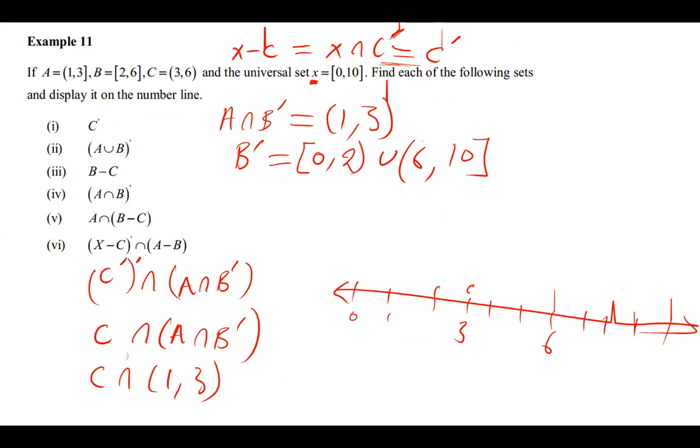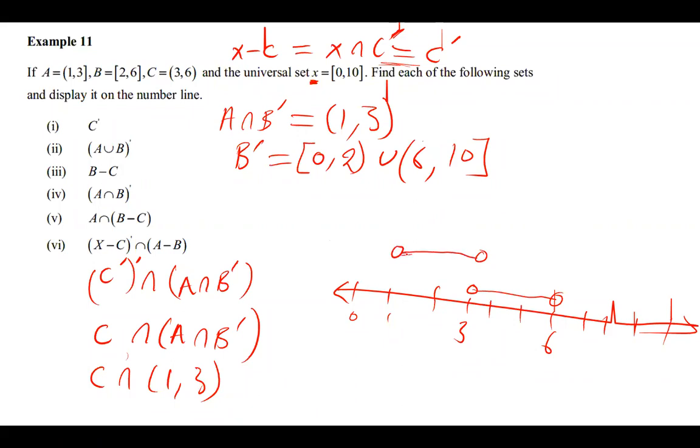It's open on both ends, so open at 3, open at 6. And then the other set, which is A intersection B complement, is simply just 1, comma 3. 1, comma 3 is open on both ends, 1 and 3.